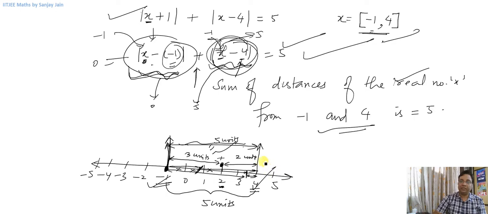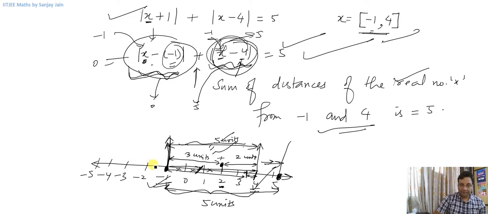But look at any number beyond 4. For example, if I look at this number, what is the distance of this number from -1? It is obviously greater than 5, because 4 was at a distance of 5 units. So any number beyond 4 will be at a distance of greater than 5 units, so it will not satisfy this.